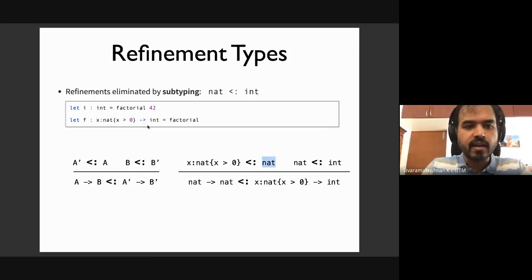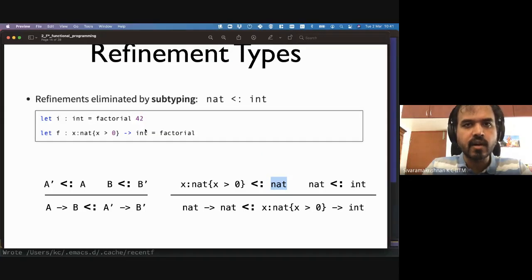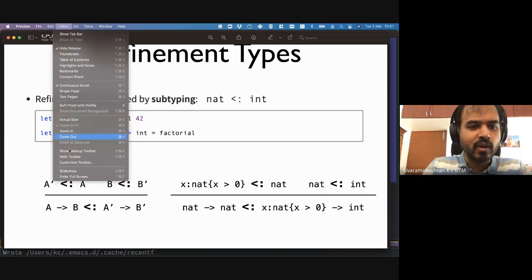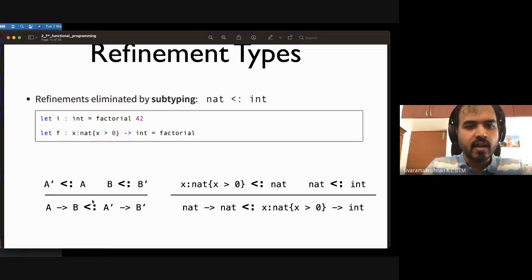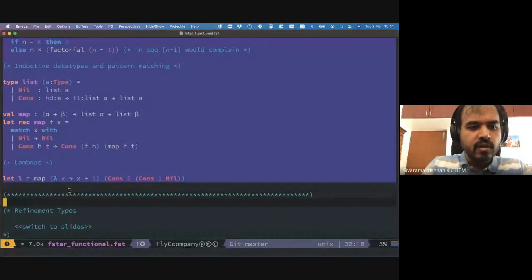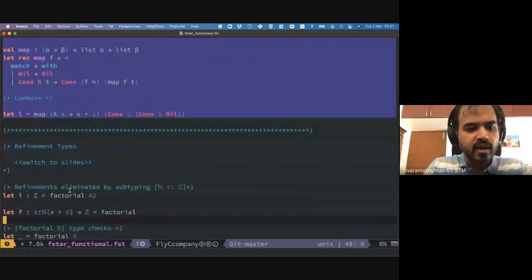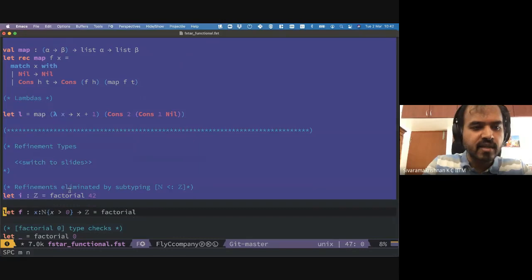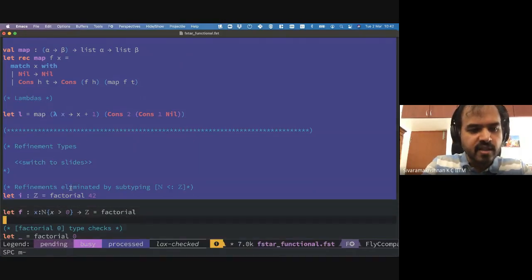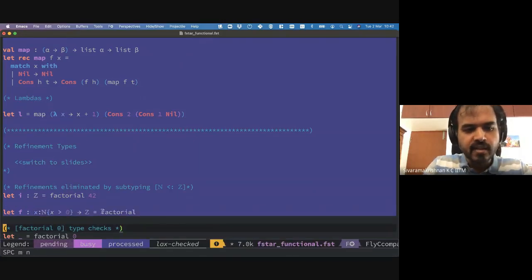Okay, let's try that, right? So let me switch to code, and then let's try that. We actually have an editor in the background, so why don't we use that? Just to show that these things work, here is the factorial definition that has an integer, so that works. Here is the int here, that also works.